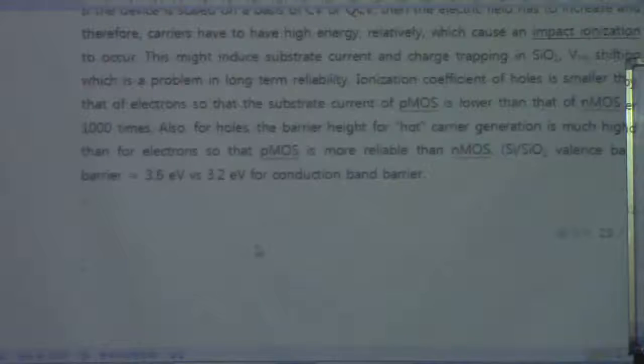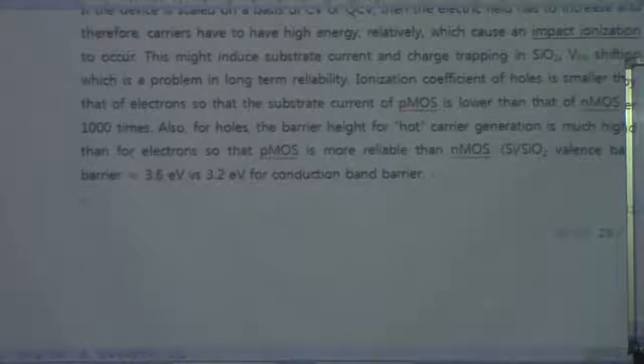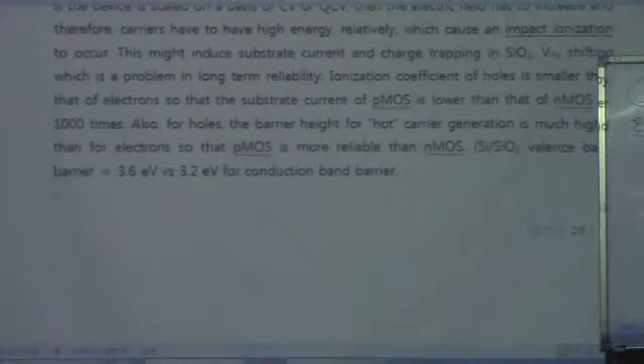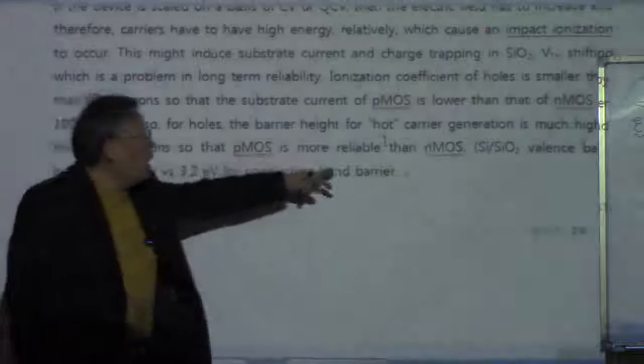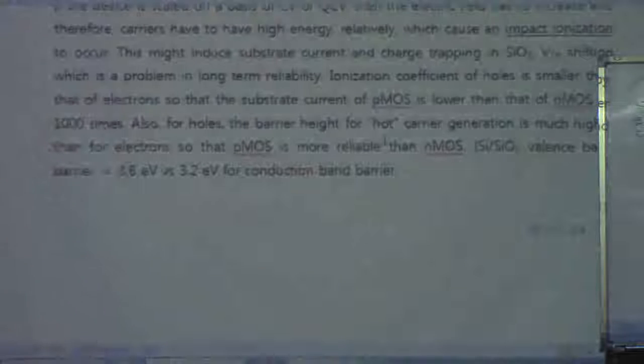That's why we do not have hot holes. And in a more academic term, you may say that for holes, the barrier height for hot carrier generation is much higher than for electrons, so that the PMOS is more reliable than NMOS.